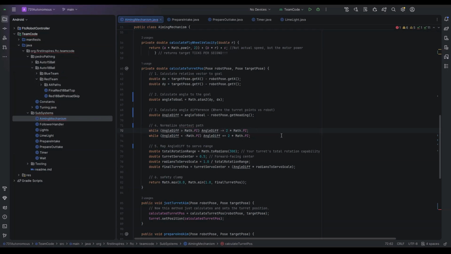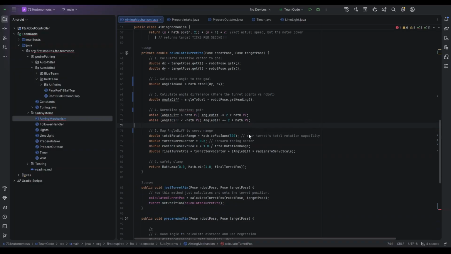So rotating 270 degrees one way is just saying I could rotate 90 degrees in the opposite direction. So normalizing this is just saying, what is the shortest angle I can rotate to achieve this target angle? And so that does the math here.